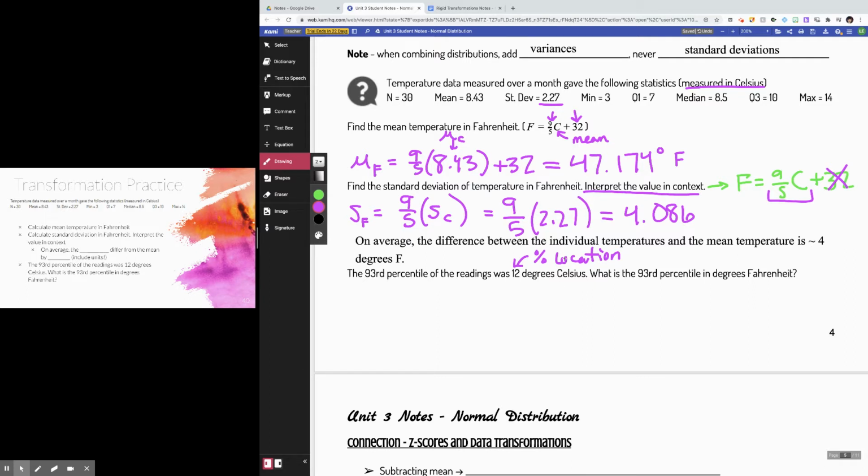So I want to figure out where the new percentile location is in Fahrenheit. So my percentile, and I'm going to label it with a lowercase p, in Fahrenheit is 9/5 times the percentile location in Celsius, which is 12, plus 32. And when I work all that out, I get 53.6 degrees. So this is the 93rd percentile.